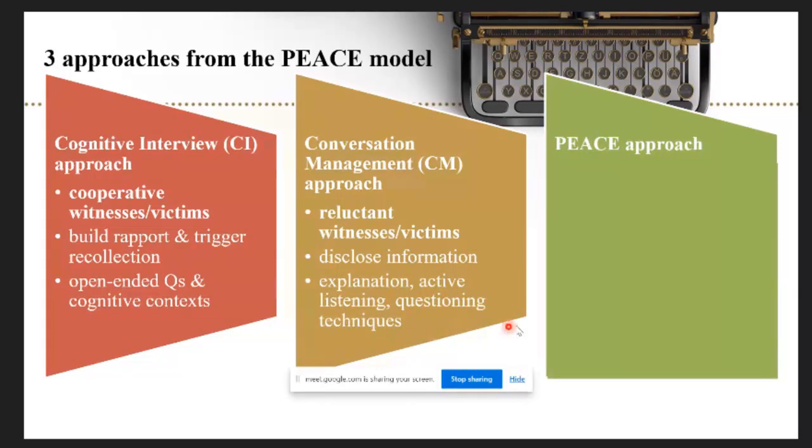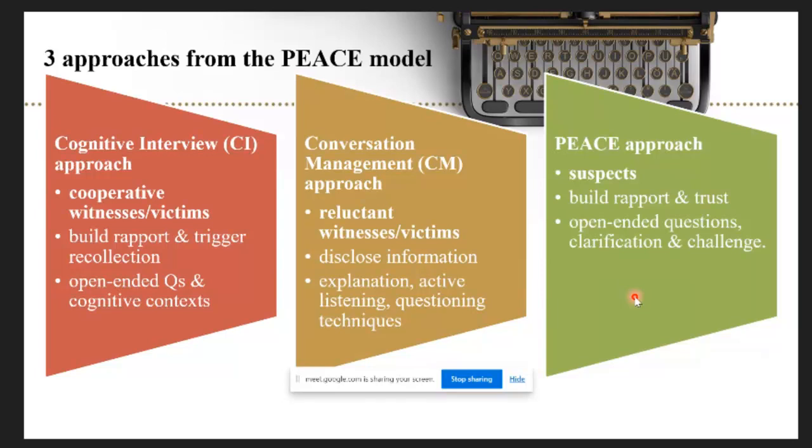In this situation, the interviewer needs to explain very carefully as well as listen actively and use suitable questioning techniques to make the interviewee disclose information readily.